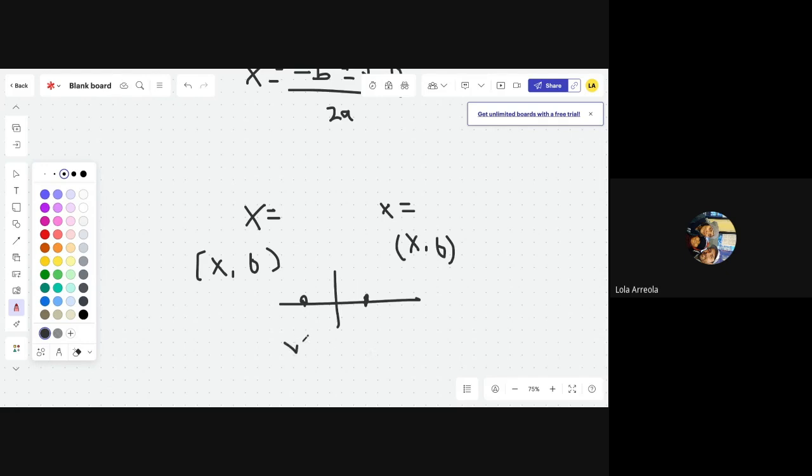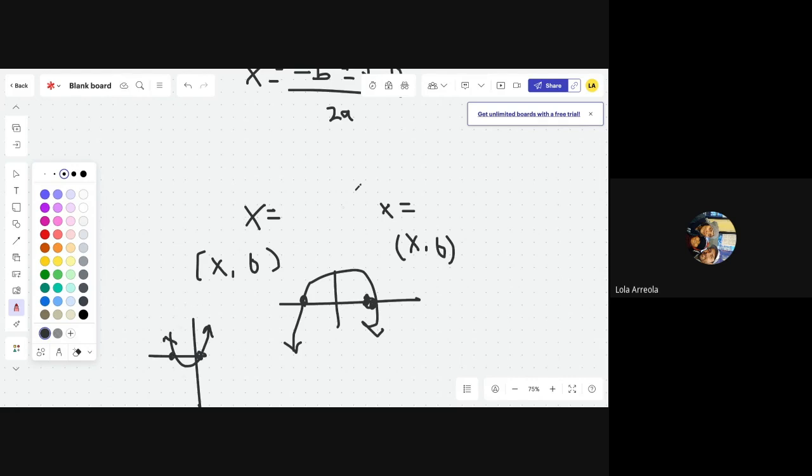So again, I'm either going to have a u pointing up or a u pointing down. And notice whether I have a u pointing up or a u pointing down, it's going to cross my x-axis twice. Or sometimes once.